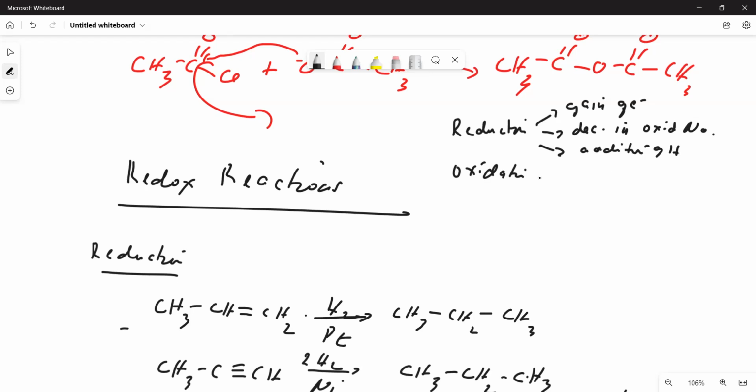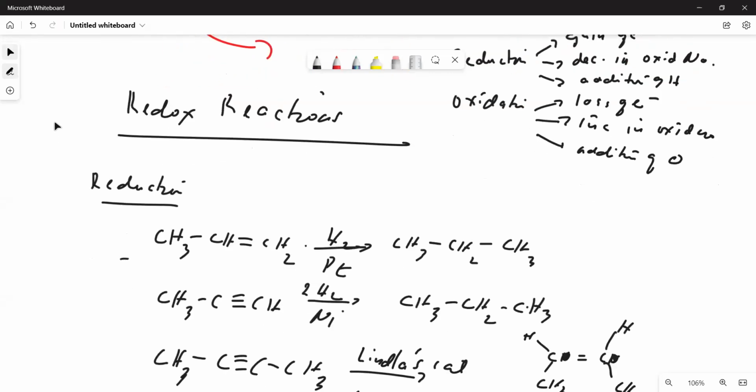While oxidation means loss of electron, or increase in oxidation number, or in organic chemistry, it means addition of oxygen, removal of hydrogen. So let's start with reduction, and we use the third way of interpreting reduction, and that is addition of hydrogen.